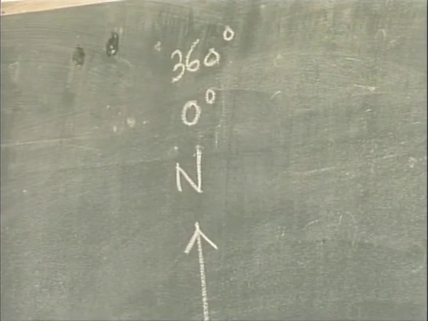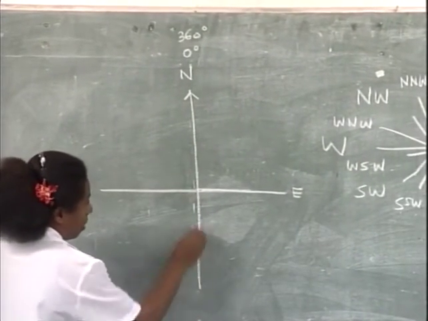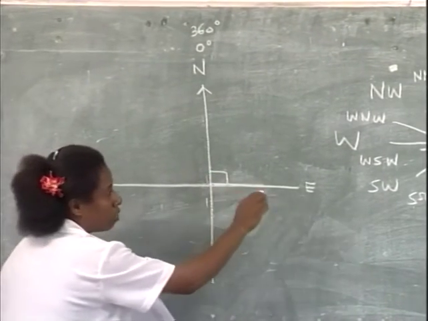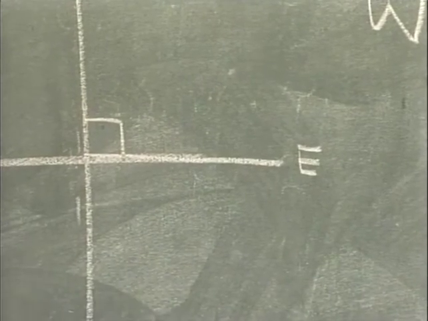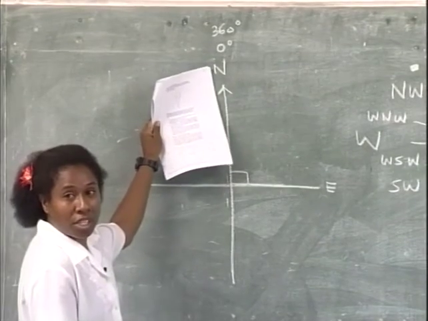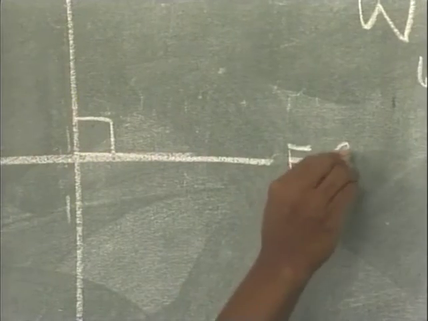If we look at the east direction, it is this angle here that we are looking at to give us our bearing. So what would be the bearing of the east direction from the starting point, which is the north point? It would be at 90 degrees.